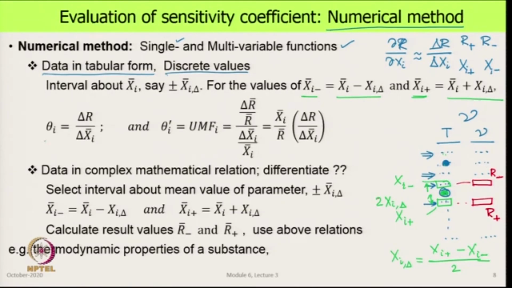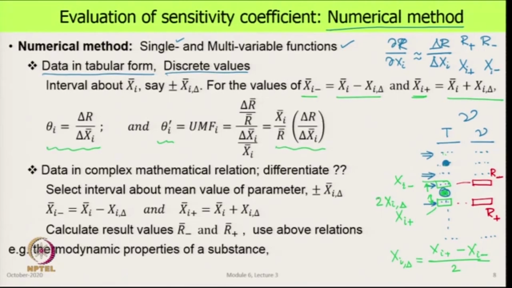So, this partial differential which we were looking at has now become, instead of a differential, a difference ratio. And similarly, the non-dimensional sensitivity coefficient or the uncertainty multiplication factor becomes this value. So, from reading the table, we get the values that we want.